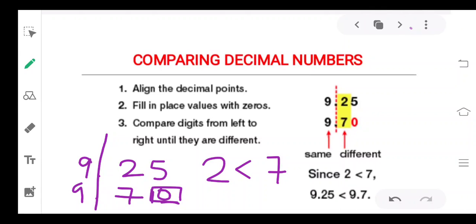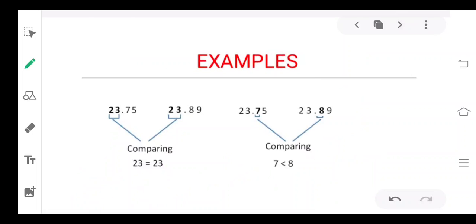Next, for more understanding, students, you can see in this example 23.75 and 23.89. First we start by comparing whole numbers, where you can see that 23 is equal to 23, and after that we compare the decimal parts, going left to right.